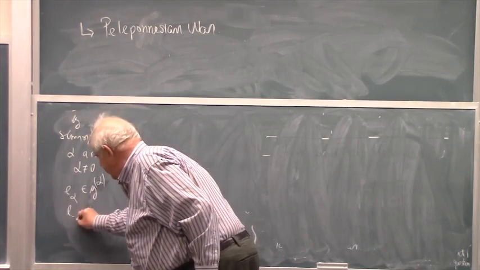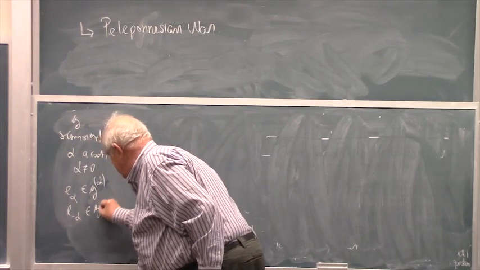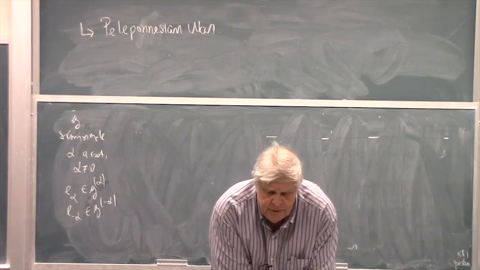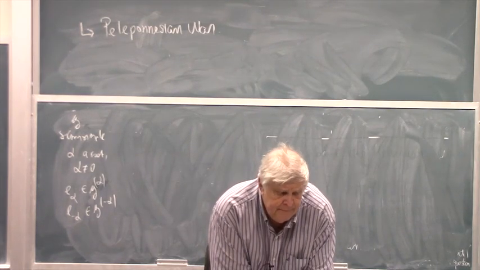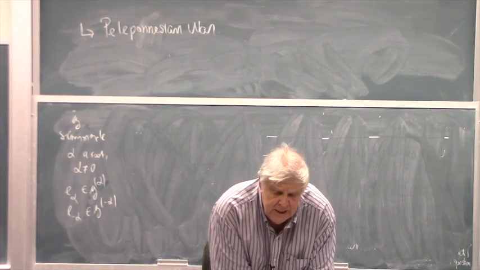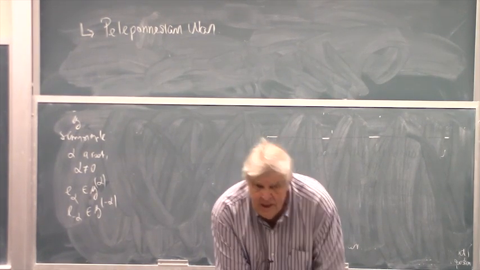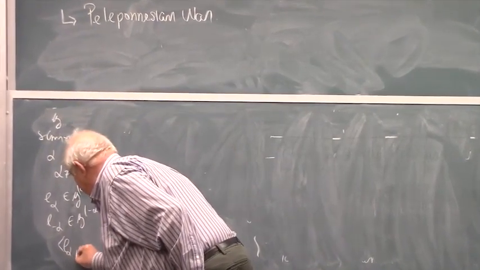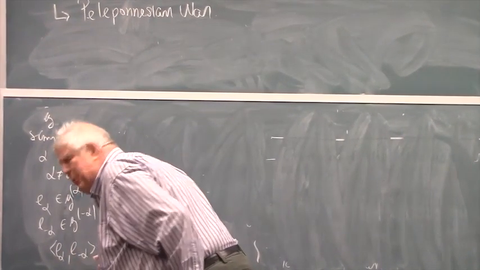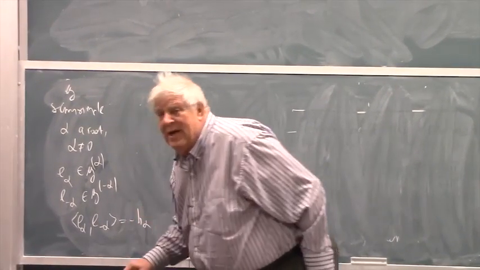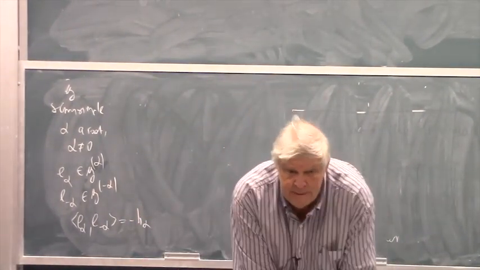Also a negative alpha. Both are chosen up to a factor, and the commutator is some number, again, we proved this last time, times H alpha. Certainly I can assume that E alpha, F alpha is equal to H alpha, but it's just more common written in books. Negative H alpha, it's not very important.